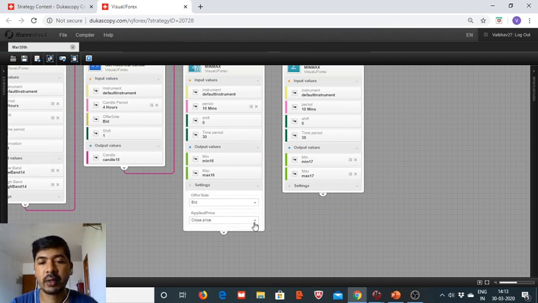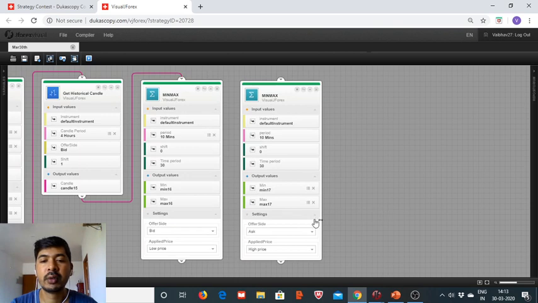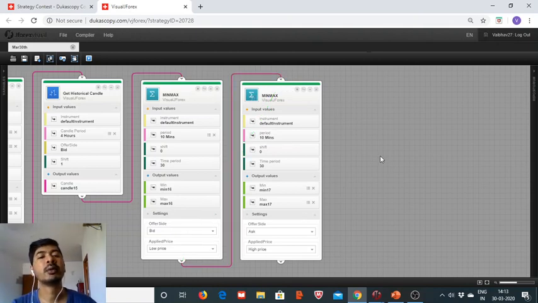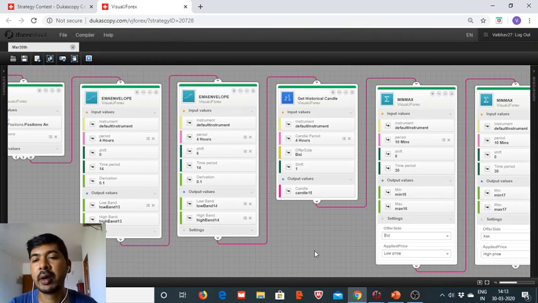If it is bid, we will take the low price, and when it is ask, we will take the high price. So this is the setup. So we are done with bringing the basic indicators.